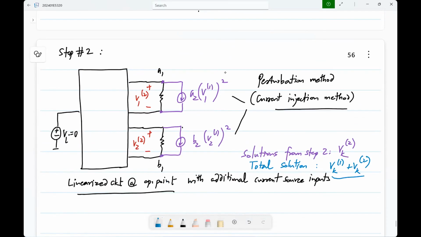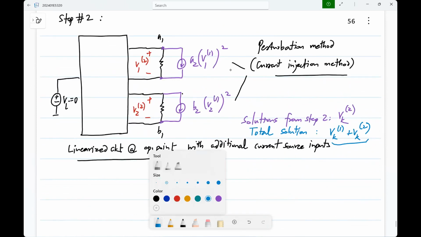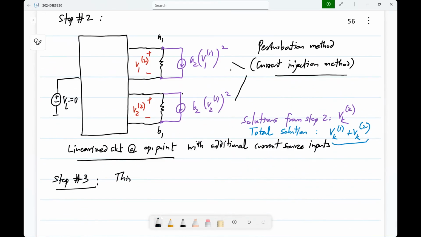We have some solution from the first step and the second step. Now, the next step, you calculate the third order terms. So this is the second order calculation.